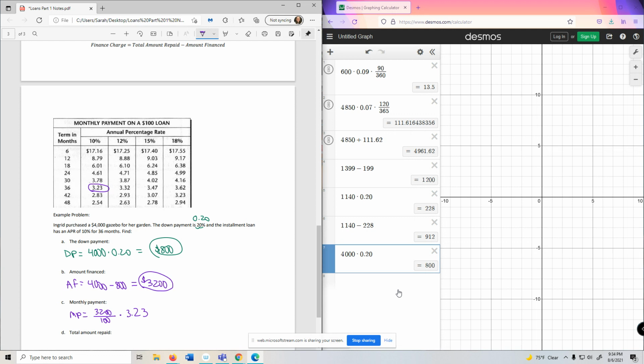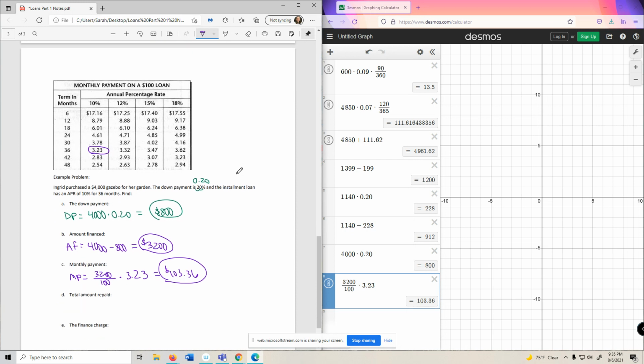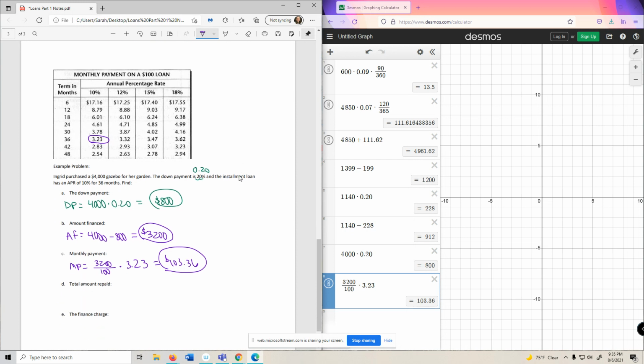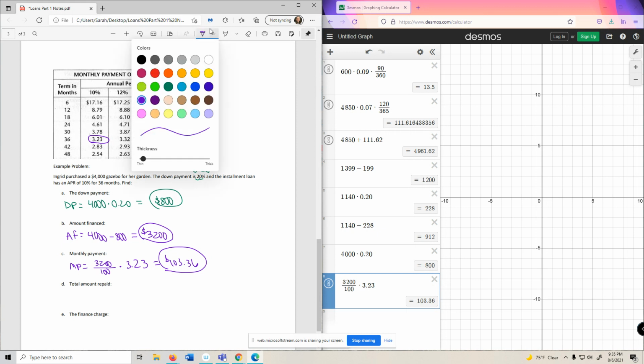Let's do all of that at once in Desmos. 3,200 divided by 100, times 3.23 gives us $103.36. That's how much Ingrid is going to pay for each monthly payment. The total amount repaid is the number of monthly payments times the amount of each payment.